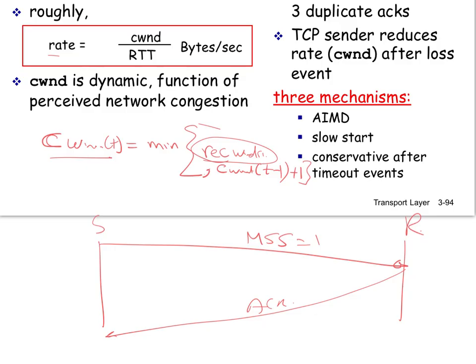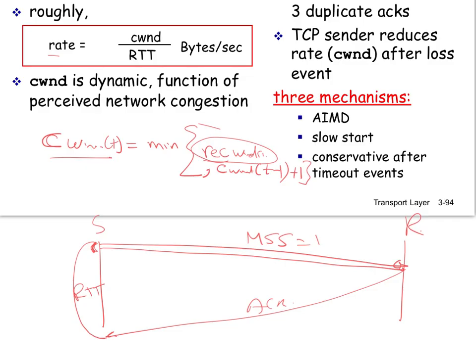Essentially, the rate is what I have sent over the total RTT time. This is the effective rate at which I utilize the channel of the network.